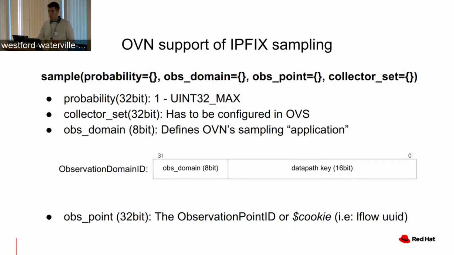And finally, we can specify the observation point, which can be a 32-bit observation point ID that you can just put there, or it supports the cookie macro, which expands automatically to the first 32 bits of the logical flow UUID. So it can be used to basically correlate back what logical flow introduced this sample action.